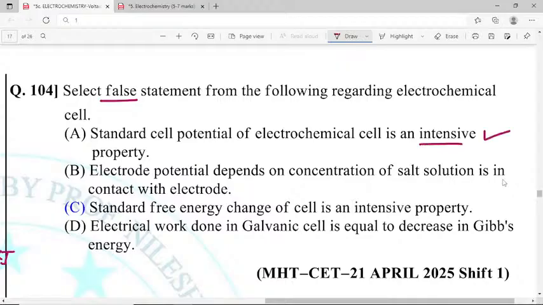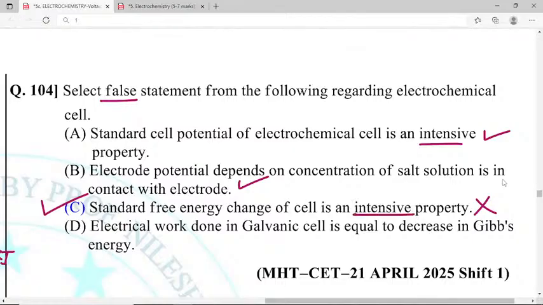Electrode potential depends on concentration, correct. Standard free energy change of the cell is an intensive property, not an intensive property. It is an extensive property. Electrical work done by a galvanic cell is equal to the decrease in Gibbs energy, correct. This is decreasing Gibbs free energy.